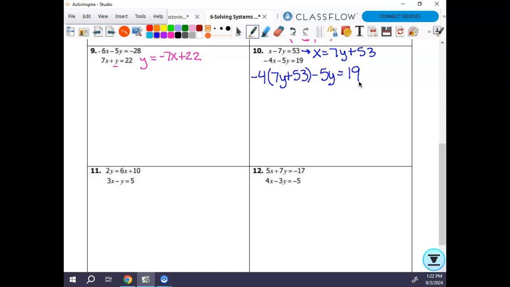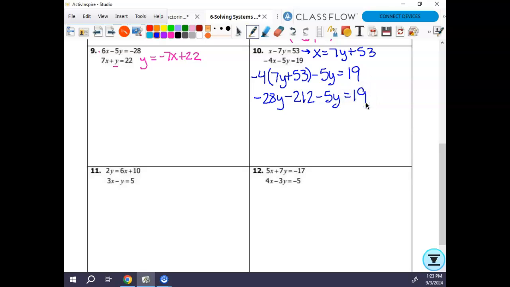Then I'm going to distribute. What's negative 4 times 7? Negative 28. Okay? Negative 28y. Then I know negative 4 times 53 is a negative number. What's 2 times 53? 106. What's 2 times 106? 212. There you go. Negative 212 minus 5y equals 19.